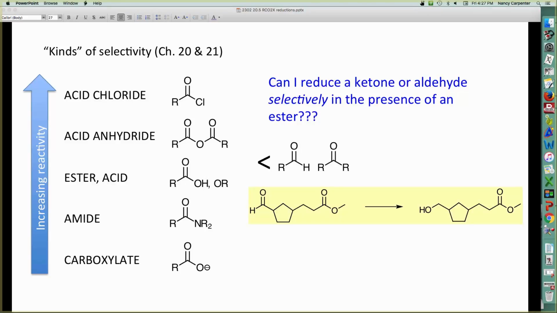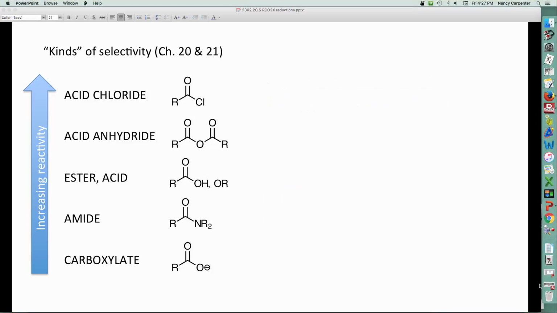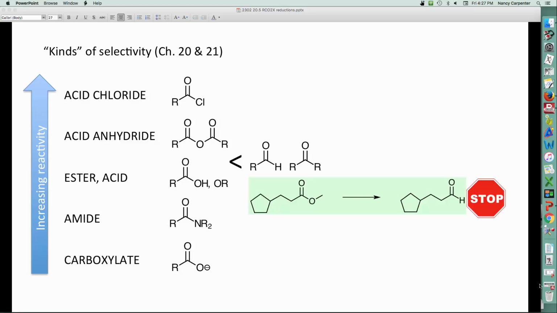You just want to keep in mind that you're going to have to choose a hydride reducing agent that is selective for the most reactive functional group. The other kind of selectivity is this selectivity.